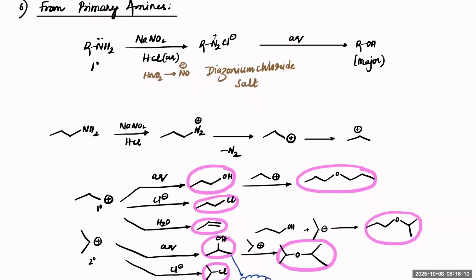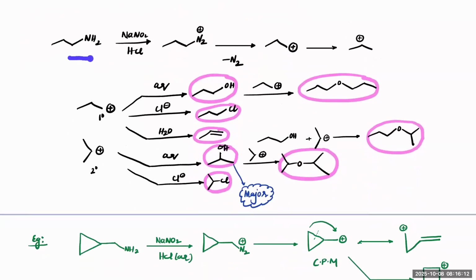See the mechanism. From primary amines, you will get a diazonium salt. N2 will easily go away. Carbocation will form. You will get a carbocation rearrangement. Now, before rearrangement, what are all the products possible? Since water can directly attack, you get alcohol.